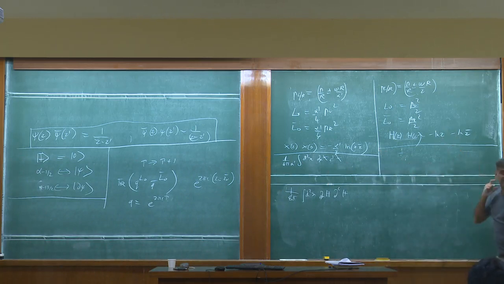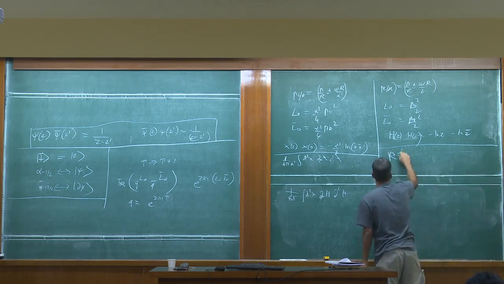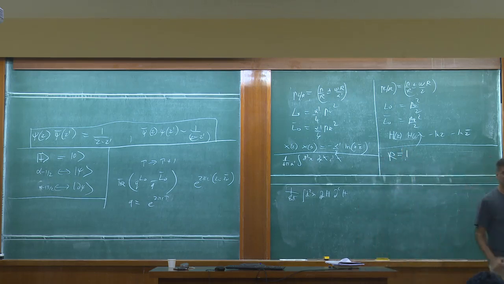Okay. Now, look at this theory at R equals 1. Remember, α′ was set equal to 2, so that's R equals half of α′.